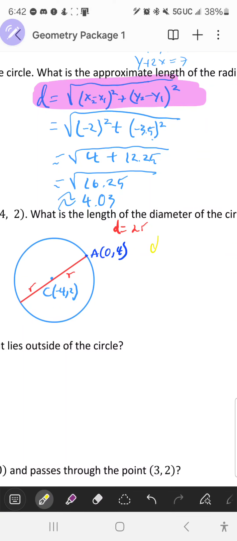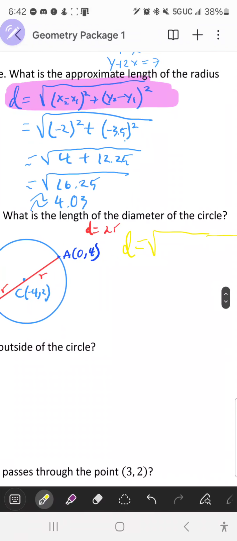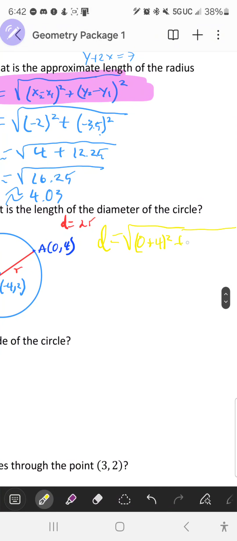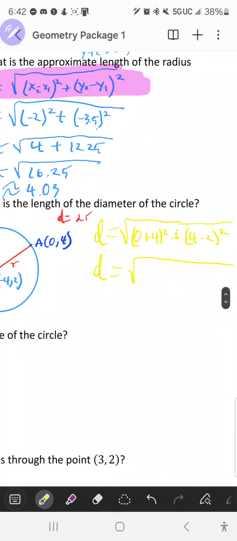I'm going to say that d equals the square root of (0 minus (-4)) squared, so 0 plus 4 squared, plus (4 minus 2) squared. The distance is the square root of 4 squared, which is 16, plus 2 squared, which is 4. The distance is the square root of 20.